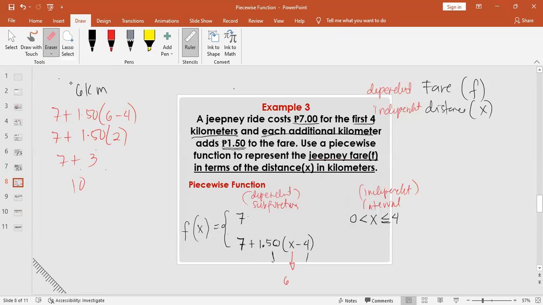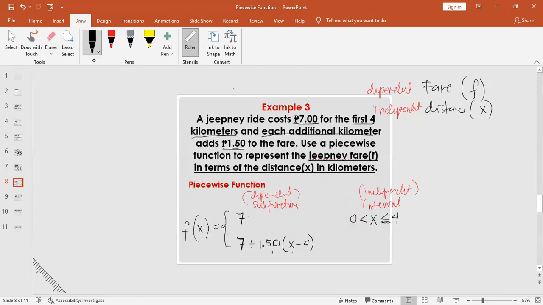Okay? So that's the purpose of writing this x minus 4. Okay? So sana nakakasabay. Okay? Don't worry kasi next meeting, I'll be giving you another set of examples. Okay? So for our last interval here, ang nakalagay dyan, ano nang gagawin nating second interval?